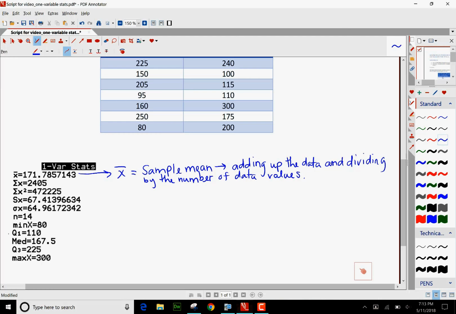So Sx here is usually denoted like this, S sub x, and that represents the sample standard deviation, which measures spread.